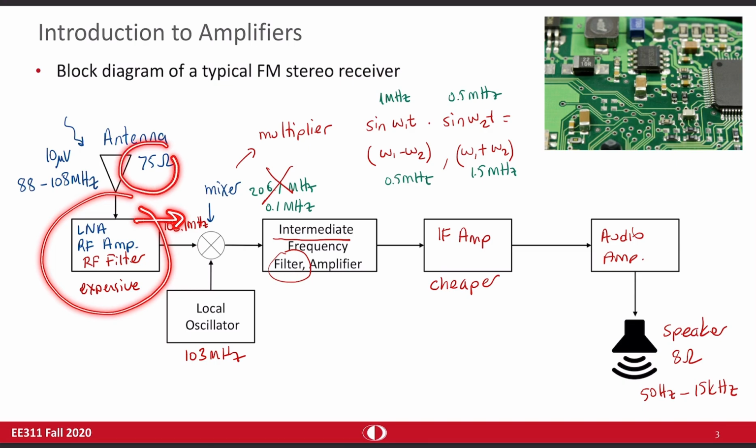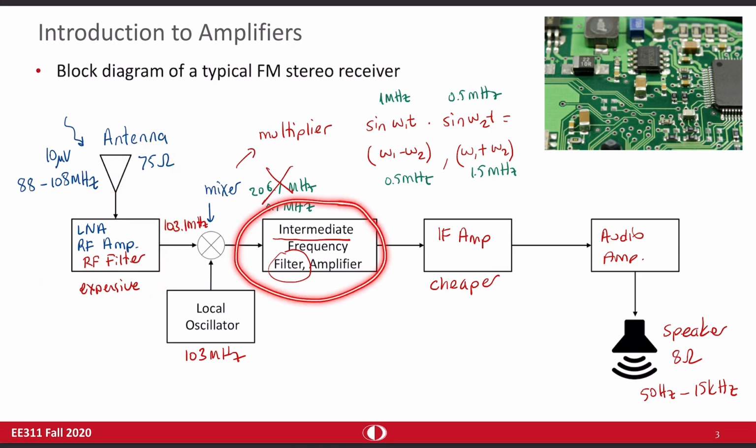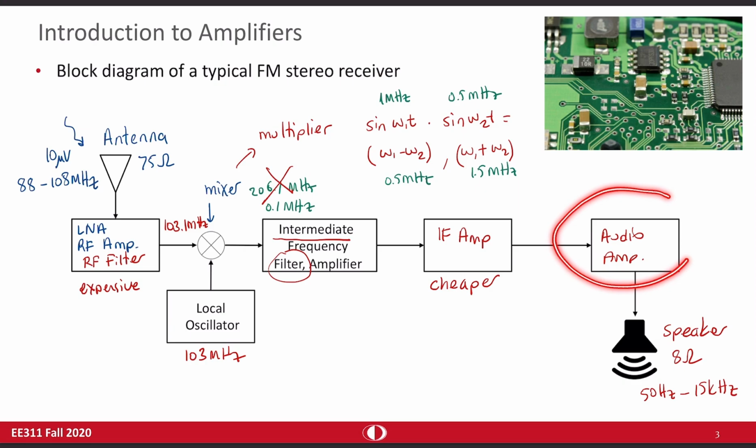The second one, operating in the kilohertz range, is driving a high impedance load, and previously it has a high impedance previous stage. The audio amplifier, let's say, is driving a low load, operating at lower frequency, and so on and so forth.